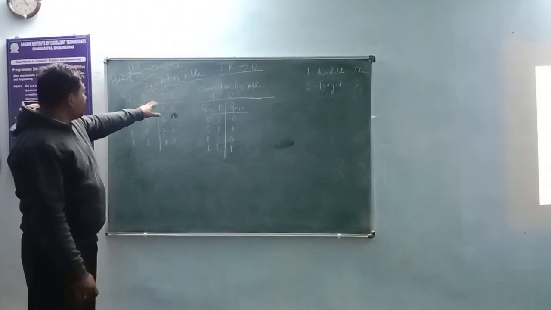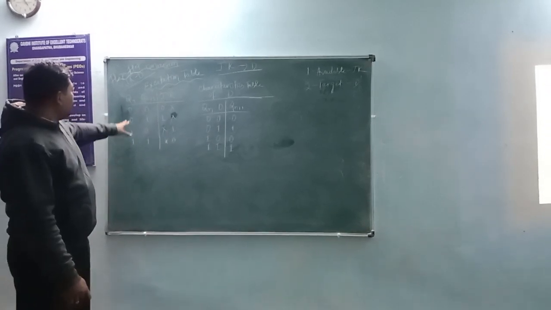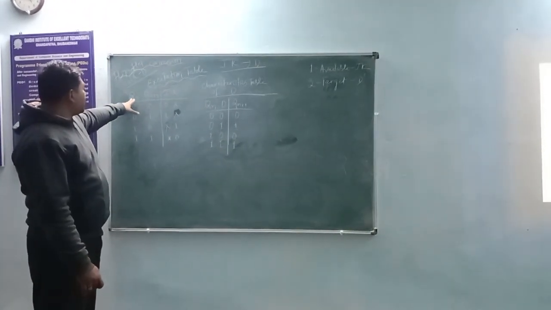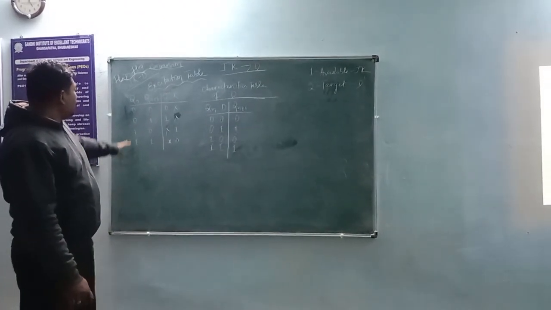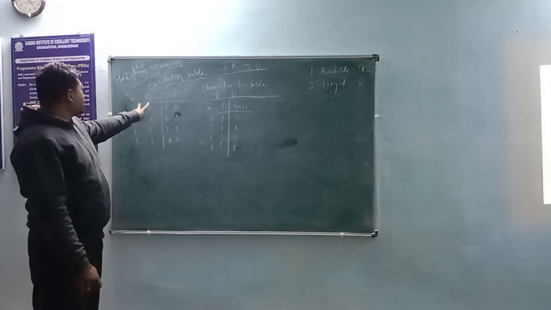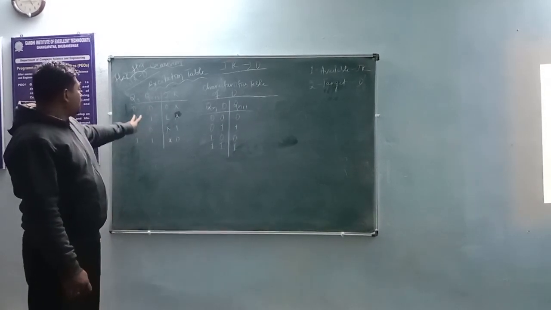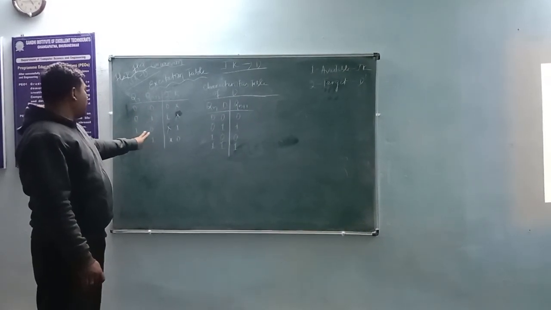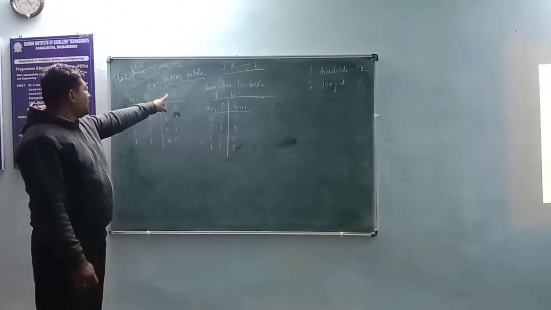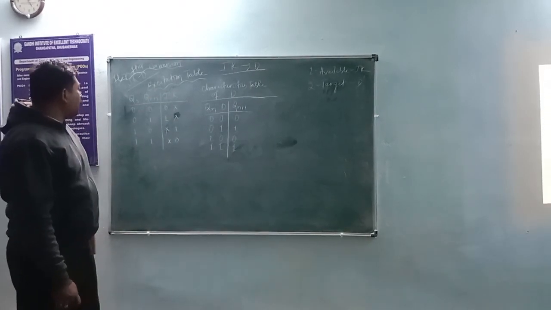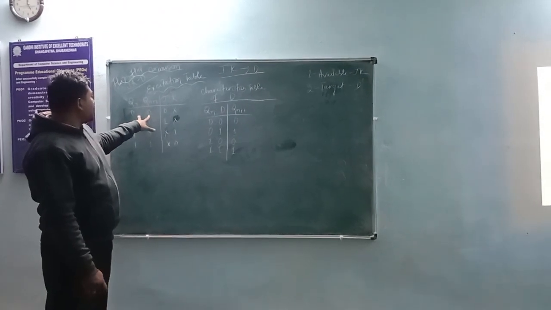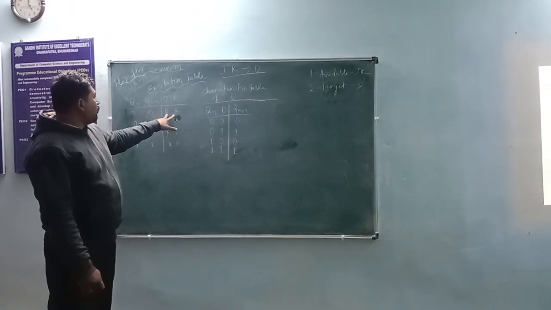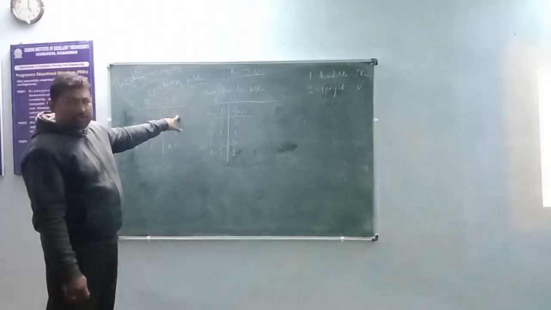When we look at the JK flip-flop excitation table, Qn is the present state and Qn plus 1 is the future state. With these two states, four possibilities are there: 0 0, 0 1, 1 0 and 1 1. In the excitation table, for the J and K outputs, for 0 0 as present state and next state, J is 0 and K is don't care.